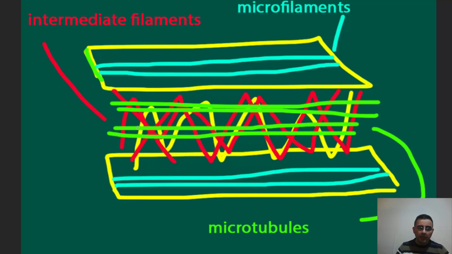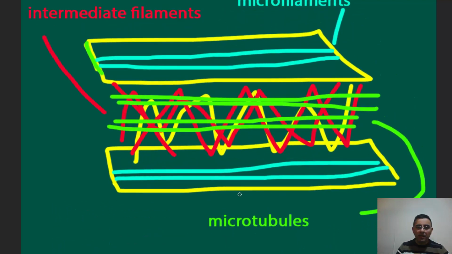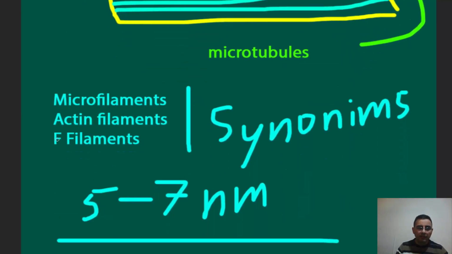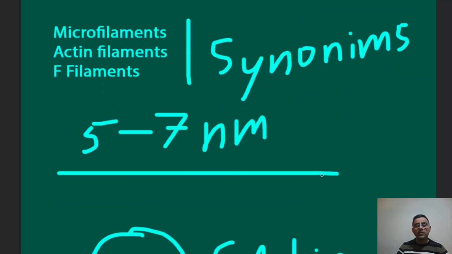These red are intermediate filaments, green are microtubules, and these blue are microfilaments. So microfilaments are located beneath the cell membrane. Microfilaments, actin filaments, and F filaments are synonyms. Their diameter is 5 to 7 nanometers.